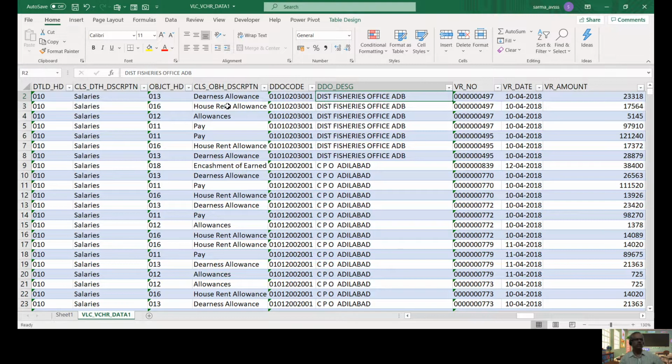Suppose a rule was designed saying that all the vouchers whose amount is above 5 lakhs should be scrutinized. Then what happens? The sampling method will pick up all the vouchers whose value is more than 5 lakhs, right?